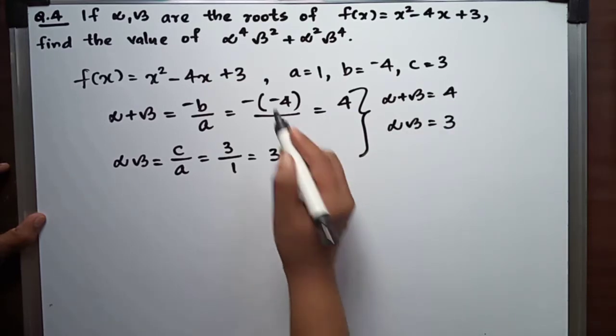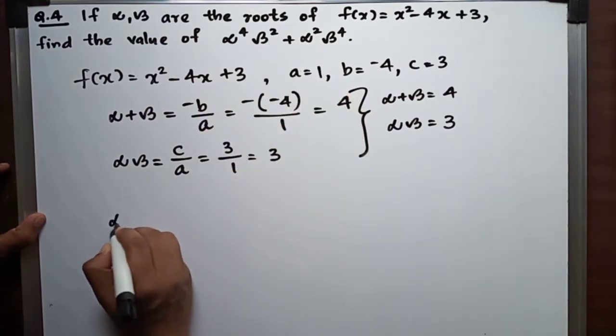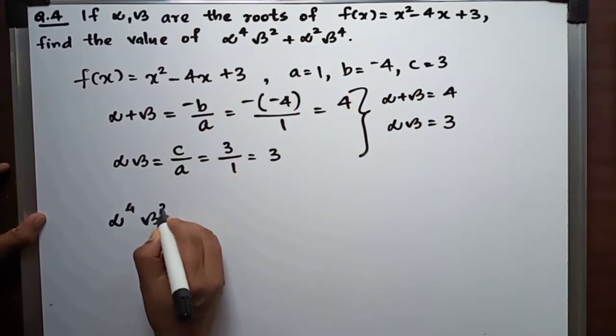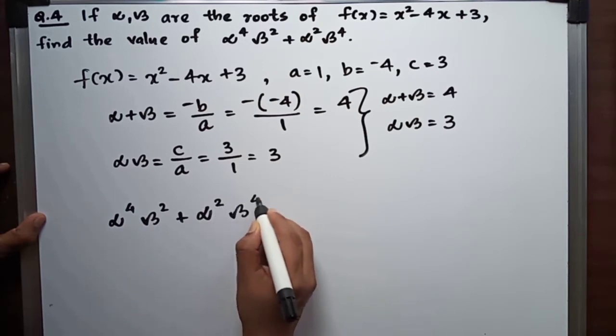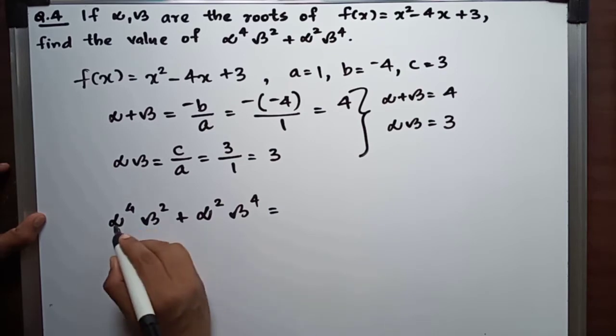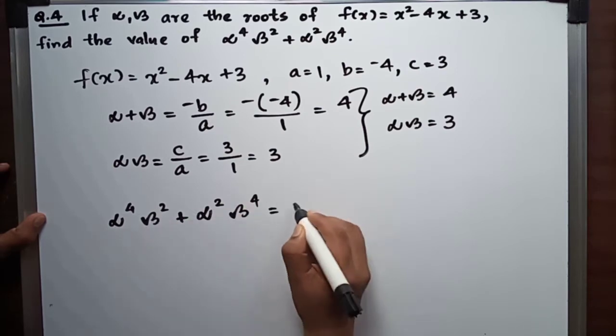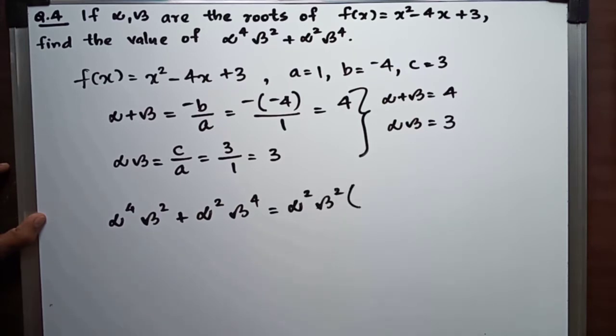Now what is asked in the question? This one, α⁴β² + α²β⁴. See, in this expression, α²β² is a common term. α²β², I am taking it out.